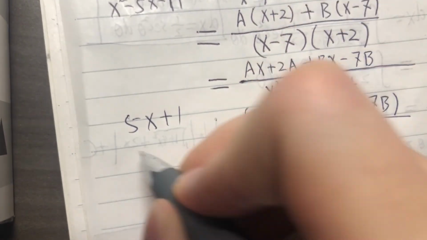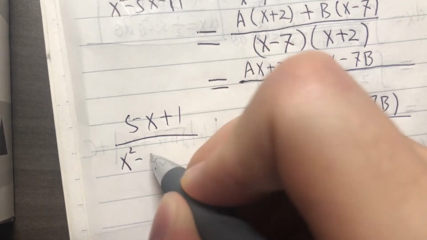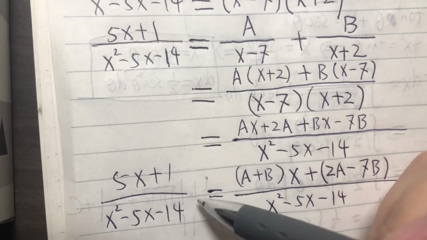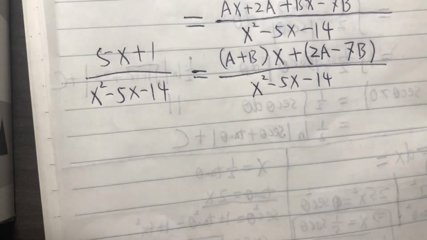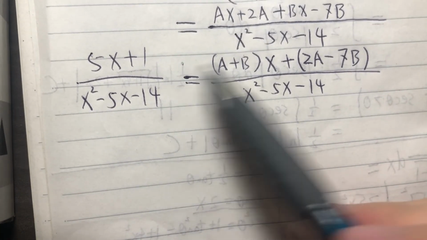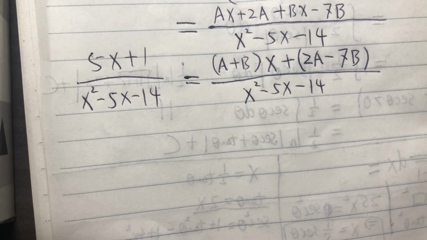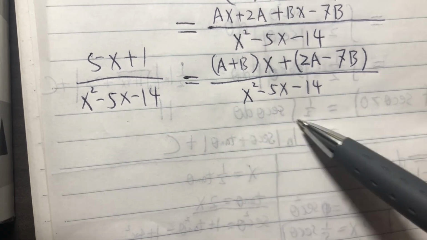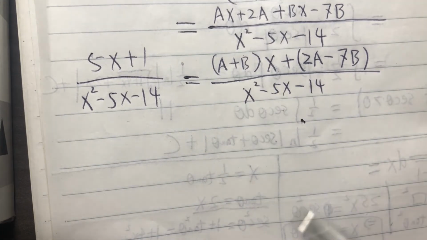Okay, the left hand side, I just copy it down here. A and b will make this an actual equation. The denominators are the same, so the numerators should be the same.